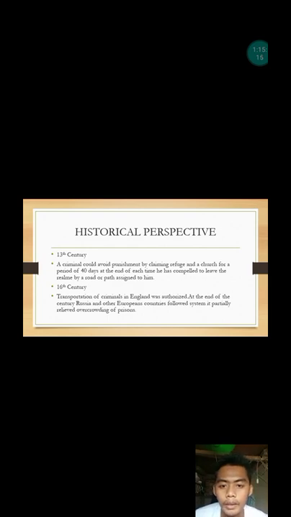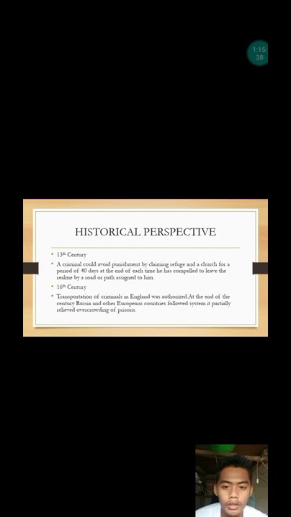Historical perspective. In the 13th century, a criminal could avoid punishment by claiming refuge in a church for a period of 40 days. At the end of that time he was compelled to leave the realm by a road or path assigned to him. In the 16th century, transportation of criminals in England was authorized.